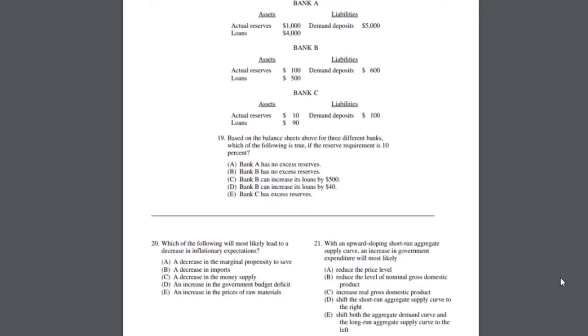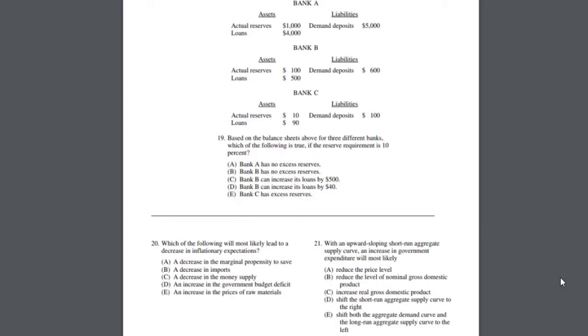So number 19, bank balance sheet. Based on the balance sheets above for the 3 different banks, which of the following is true if the reserve requirement is 10%? So we're looking at Bank A first. Answer A says Bank A has no excess reserves.